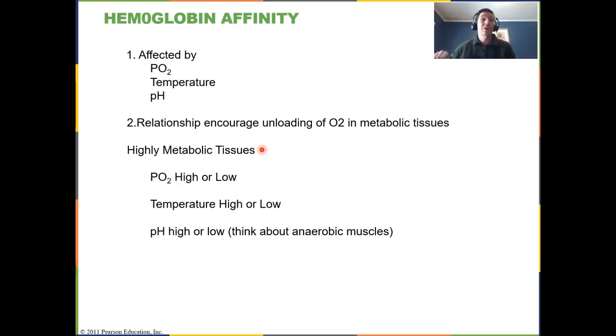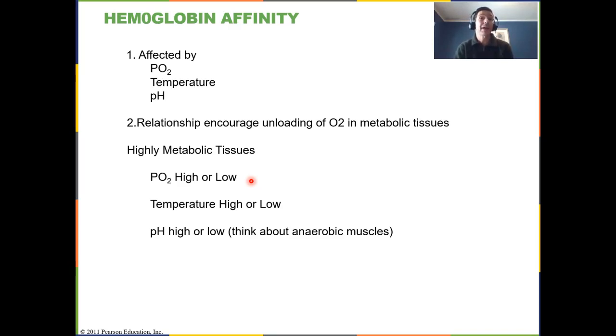That means there is going to be low affinity in the highly metabolic tissues. So then if you just think about how partial pressure due to oxygen, temperature, and pH would be altered in highly metabolic tissues, it's easier to remember how the affinity is going to be affected by changes in those parameters.